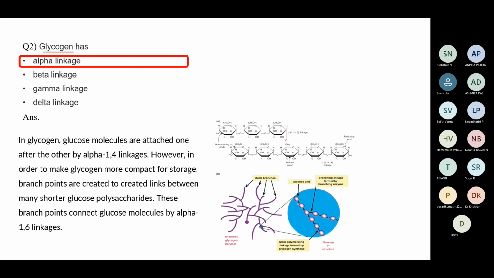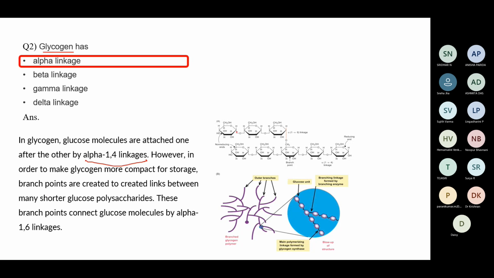There are several branches, and one glucose molecule is attached to another by the alpha 1,4 linkage, whereas at the branch point, the linkage is usually alpha 1,6. So there are basically two linkages in glycogen. One is alpha 1,4 linkage, which helps to join one glucose unit to another glucose unit, as I discussed in the previous one. So alpha linkage means what?